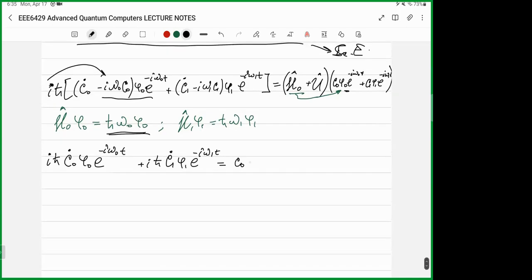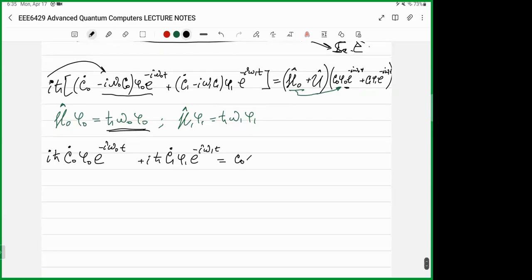So it will be c sub 0 then u operator phi sub 0 e to the power of minus i omega 0 t, and then plus c sub 1 u operator phi 1 e to the power of minus i omega 1 t.